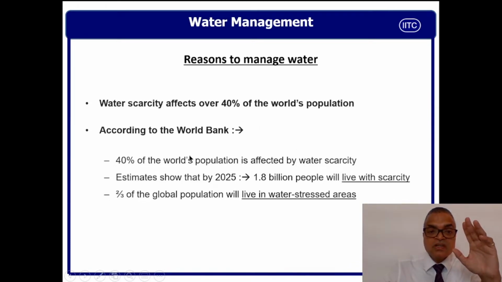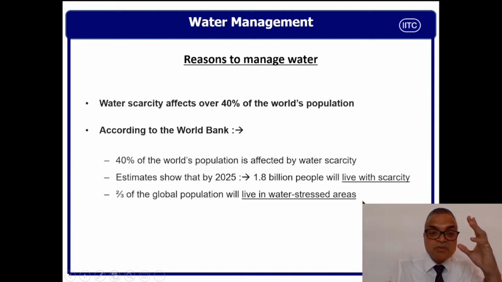What we have seen here is that estimates show that by 2025, 1.8 billion people will live with water scarcity. 1.8 billion, which is more than the Indian population, are going to suffer from water scarcity. Two-thirds of the global population will live in water stressed areas.